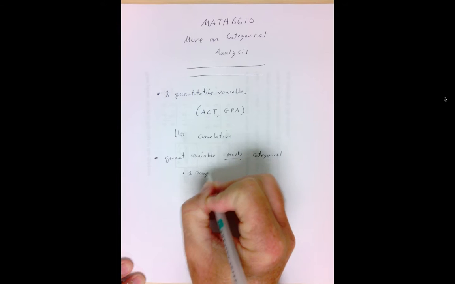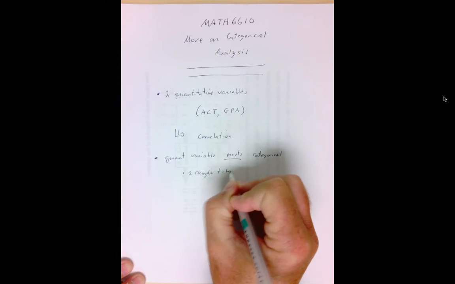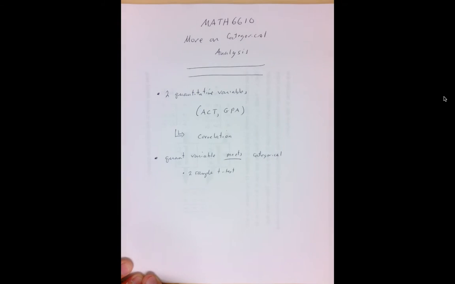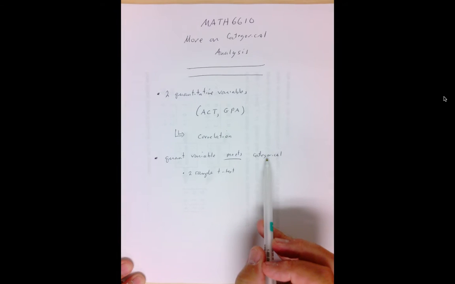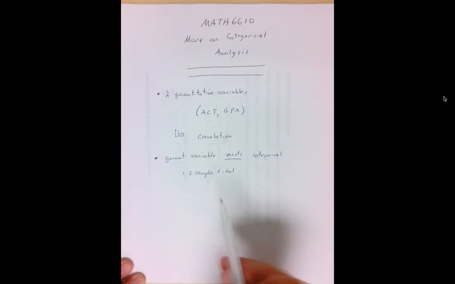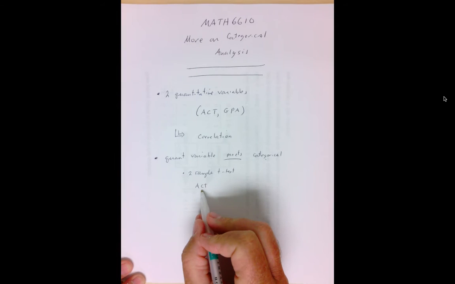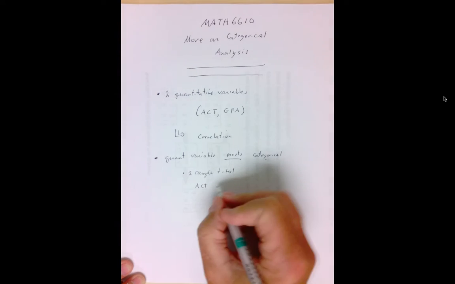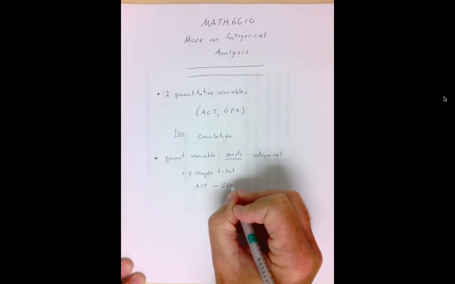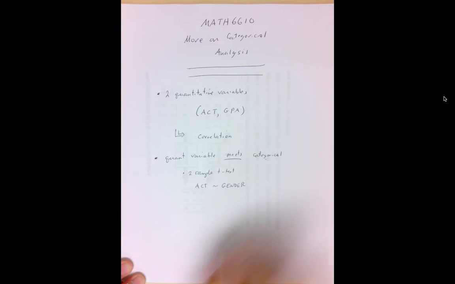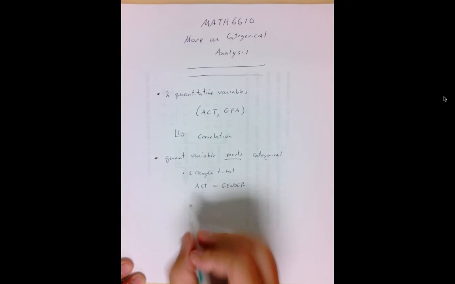So we'd probably conduct a two-sample t-test if we wanted to test the equality of the group means across two groups. So, for example, if we wanted to see at Shawnee State University if there's a difference in mean ACT scores across gender, then we would certainly want to do a two-sample t-test.